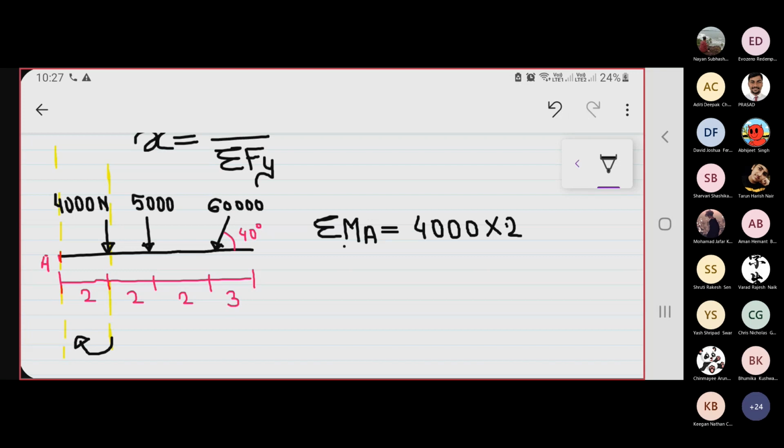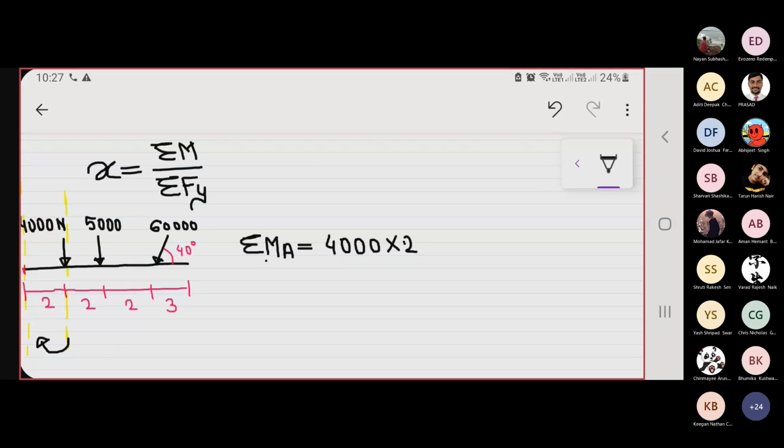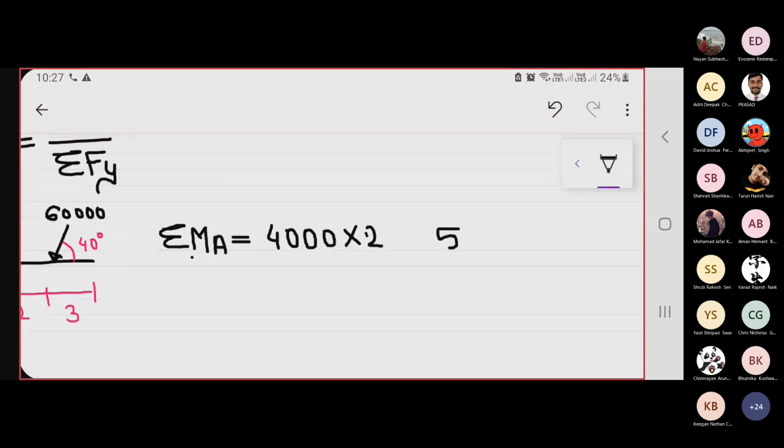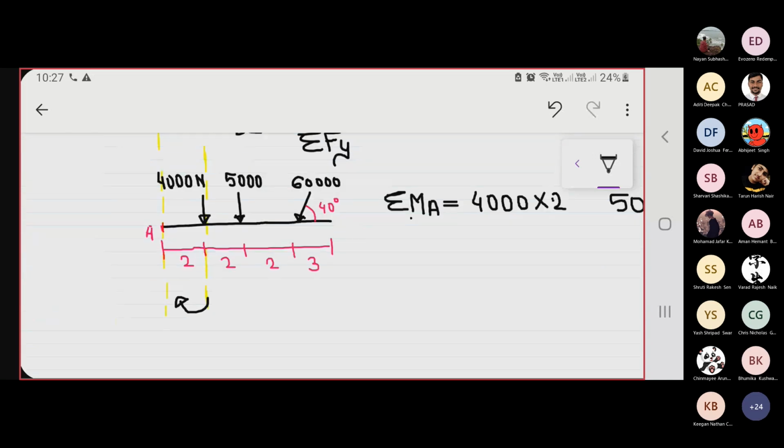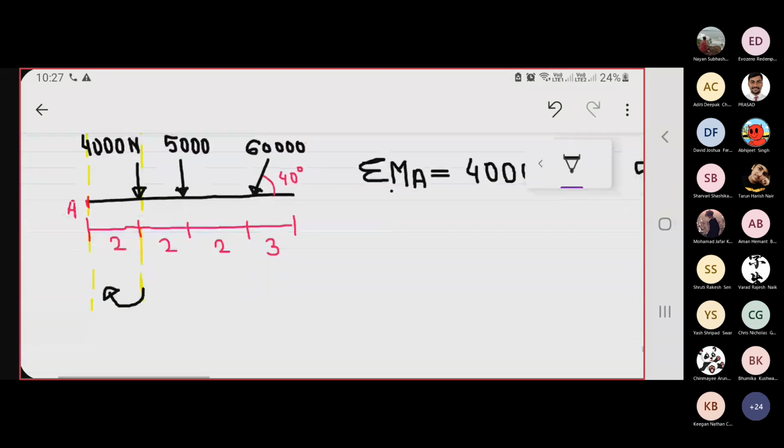Next, again 5000 into, now you have to see how much distance it is.